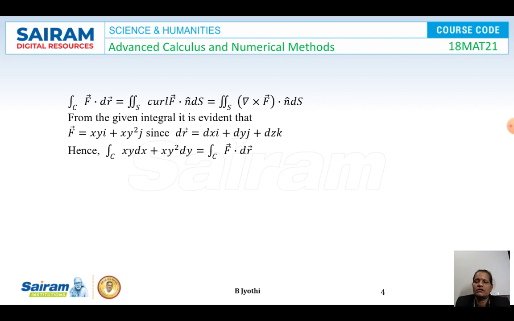So here the integral of F dot dr is nothing but the surface integral of curl F dot n cap ds, given by del cross F dot n cap ds.